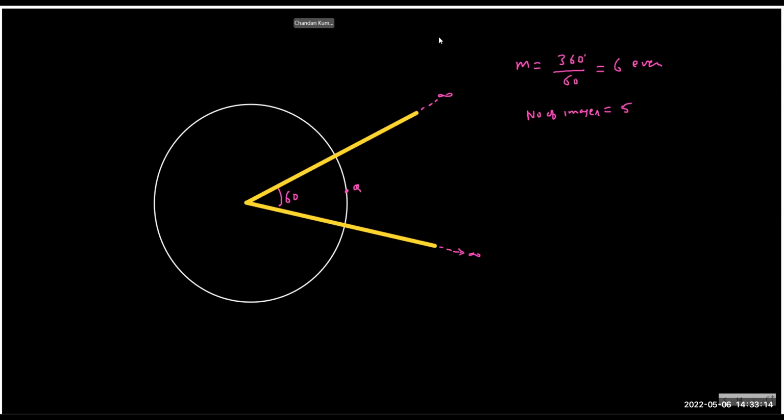Because we have 6 images, this will turn out to be, you know what, like a hexagon. I need to draw a bigger line, but ideally it should be only a hexagon. I think 60 degrees is very small, let me make it bigger.